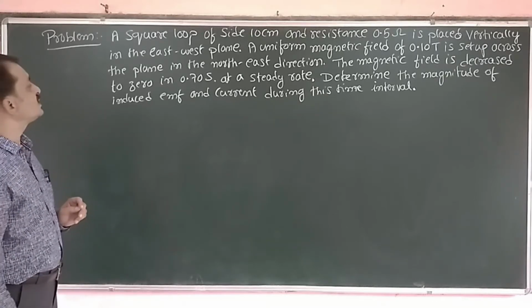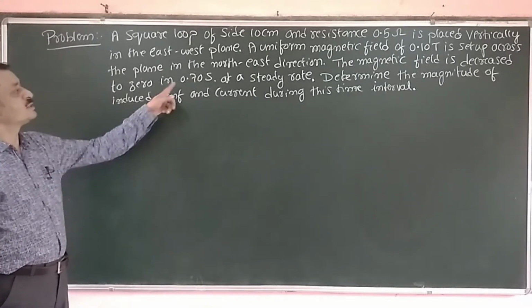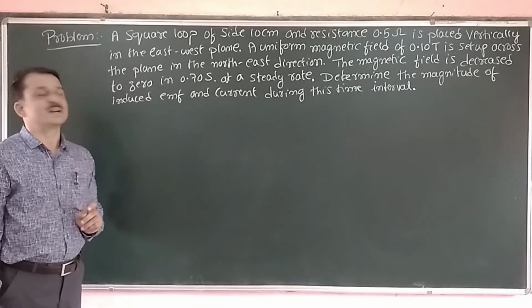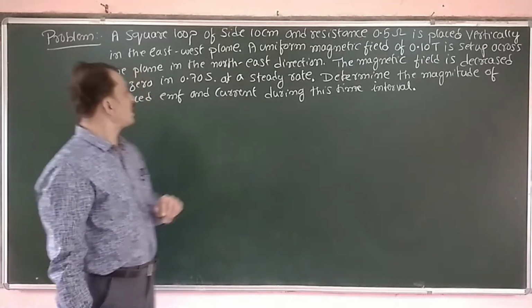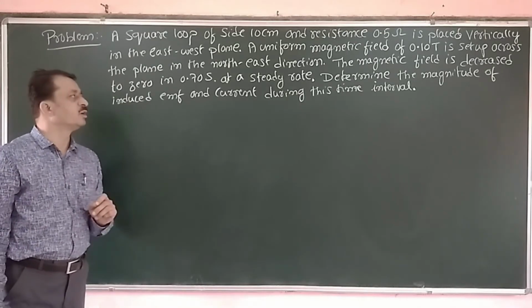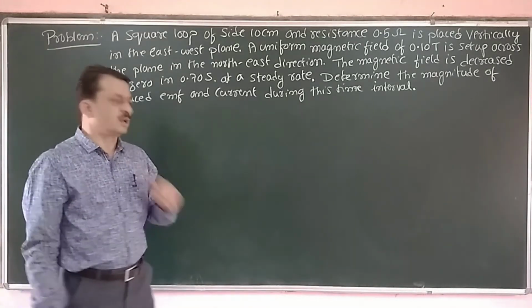The magnetic field is decreased to 0 in 0.70 seconds at a steady rate. Determine the magnitude of the induced EMF and current during this time interval.